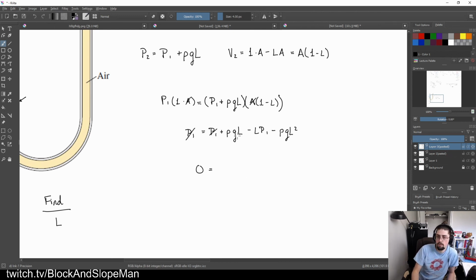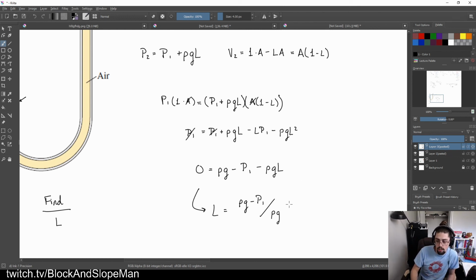So I'm just going to divide the entire thing by L, actually. Rho g minus P1 minus rho g L. Move some things over, divide some other things. And that's our final expression.